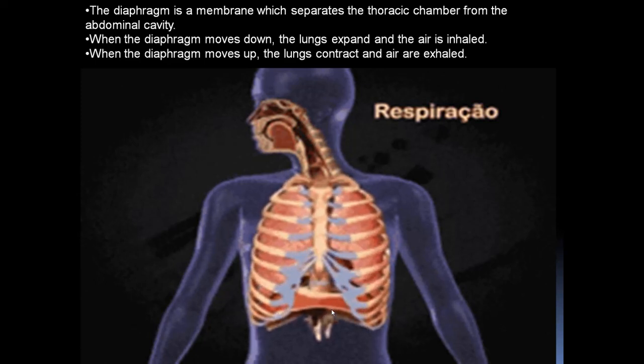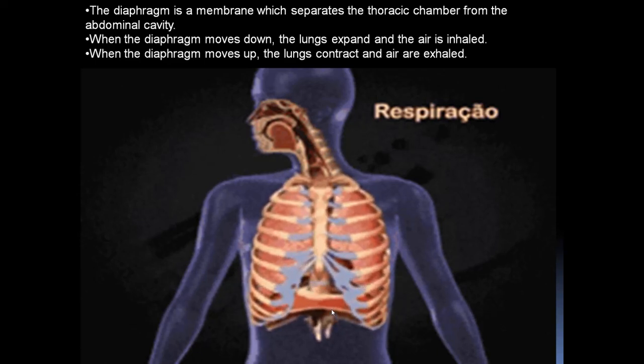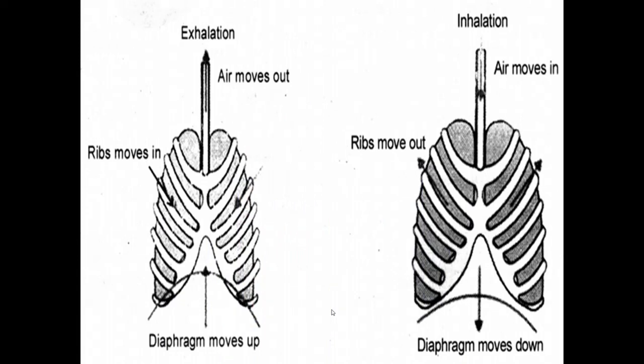This is what happens: when the diaphragm moves up, ribs move in, air moves out. When the diaphragm moves down, ribs move out, air moves in.